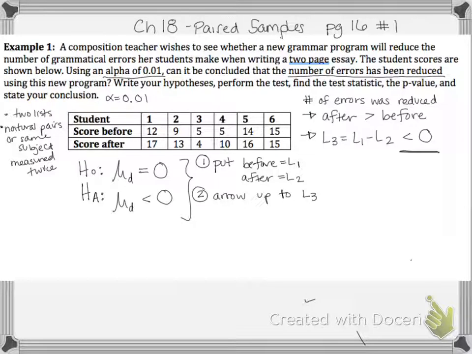So arrow over to list 3 and then go up and highlight it. And you'll notice that at the very bottom of your calculator screen, it says L3 equals. And you want to make sure that you set L3 equal to L1 minus L2. So that's second number 1 minus second number 2, if you forgot how to find those lists. Okay? Then, final step, we run a t-test on the differences, which is list 3.